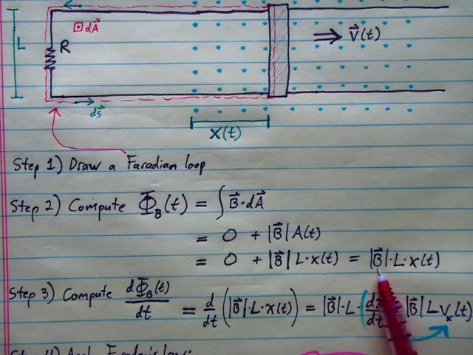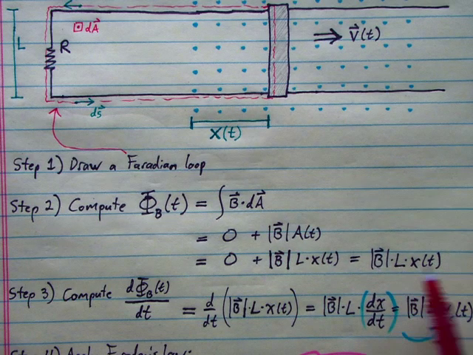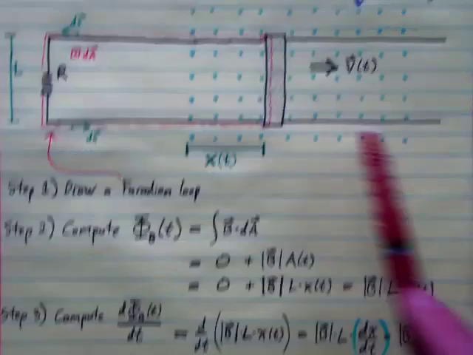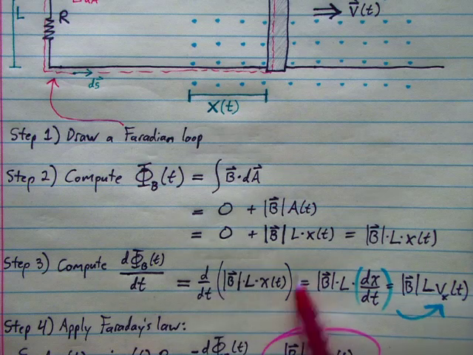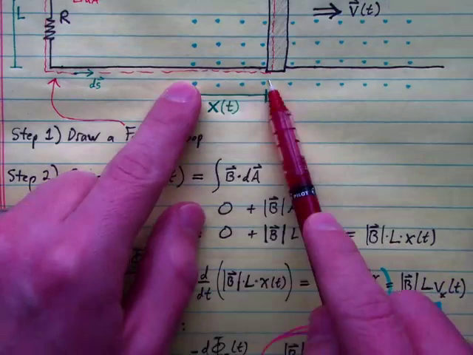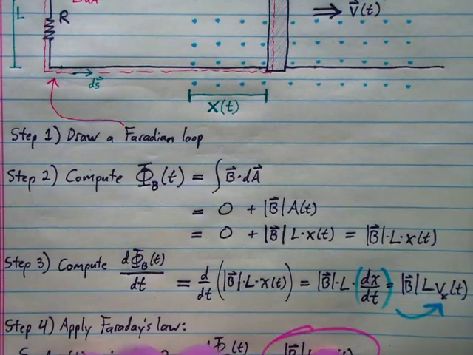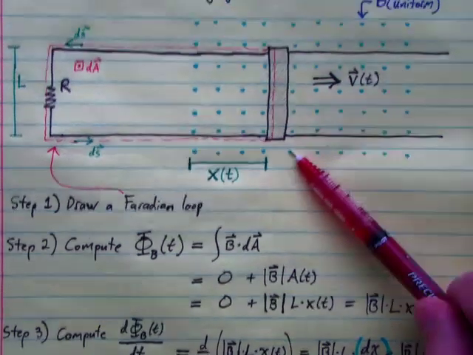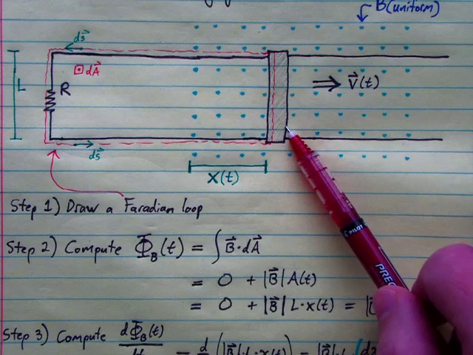B and L are constant with respect to time, but it's x that's changing with time since our bar is sliding right. So d/dt of this expression, B and L come out. We just need dx/dt, the rate of change of x. But by definition, that's exactly equal to the x component of the velocity of the bar that is sliding on these frictionless rails to the right.